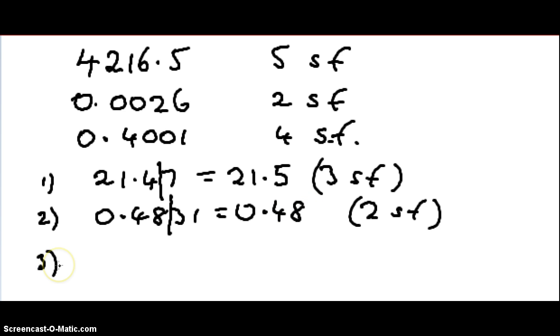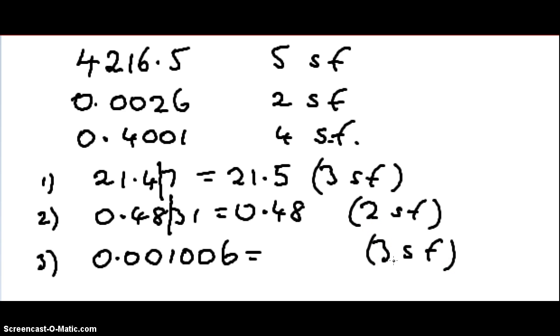The third question we'll come to, let's come to one with zeros at the front. So 0.001006. Notice in this case we might want, say, 3 significant figures. So if I count from the beginning, I notice the 1 is the first significant figure. So it's 100. I'll put my line.